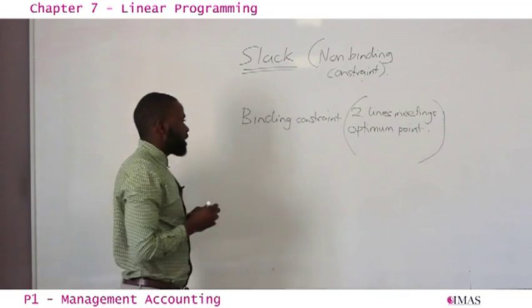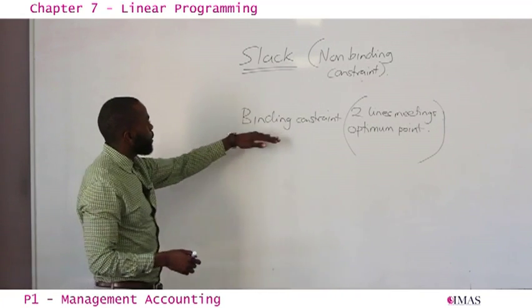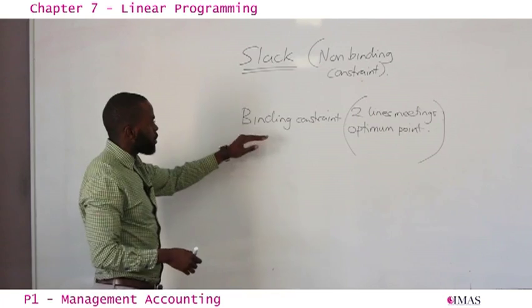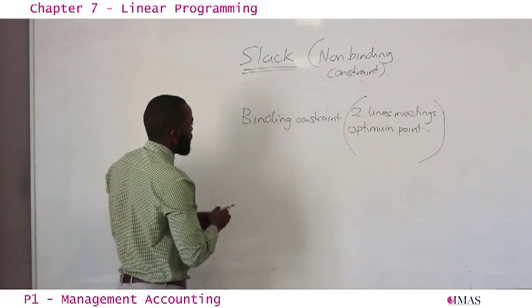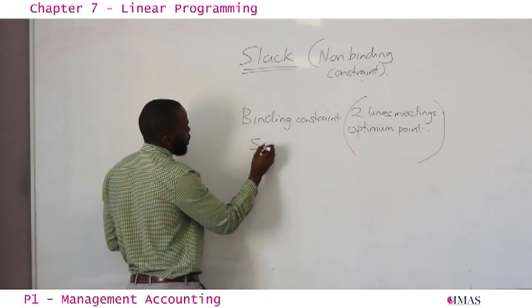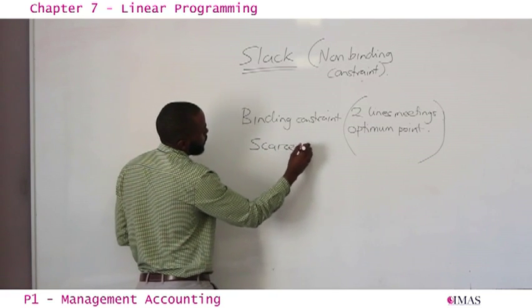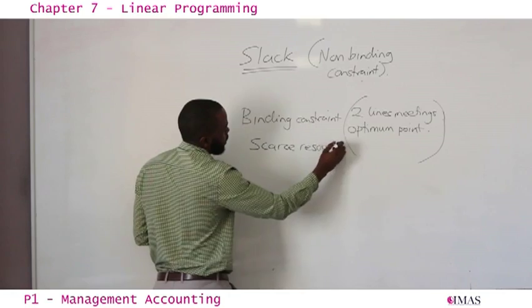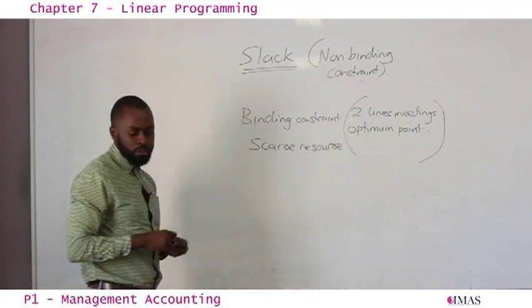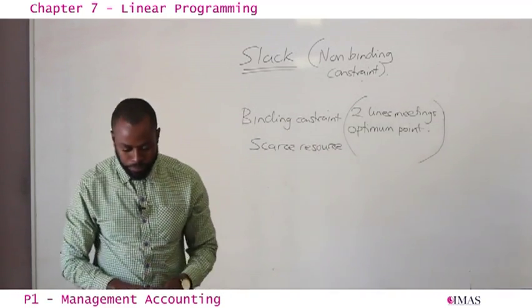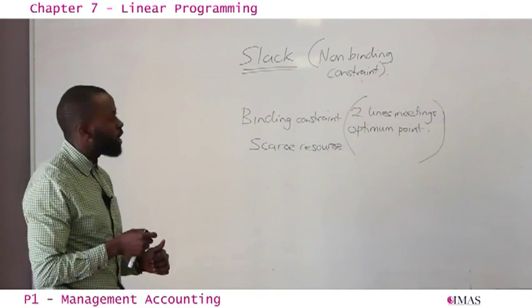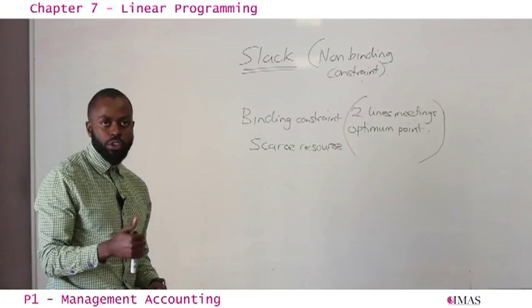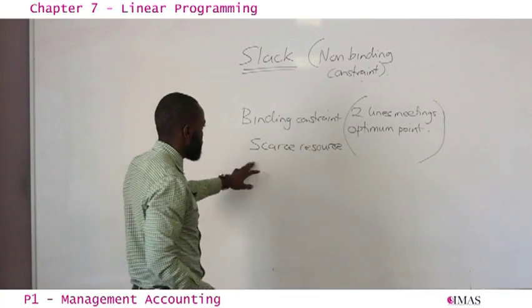The two lines that meet at the optimum point, we call them the binding constraints. The other name is the scarce resource. We call them binding constraints because they are being fully utilized, so we also call them scarce resources.